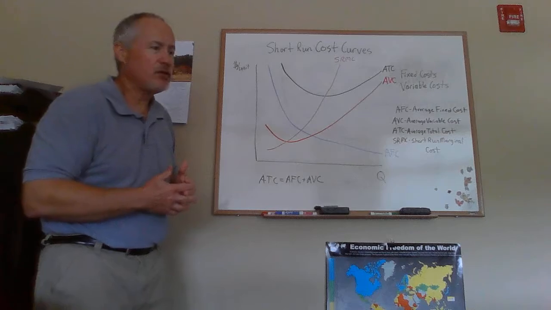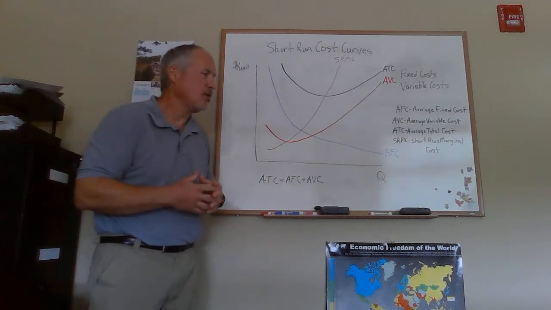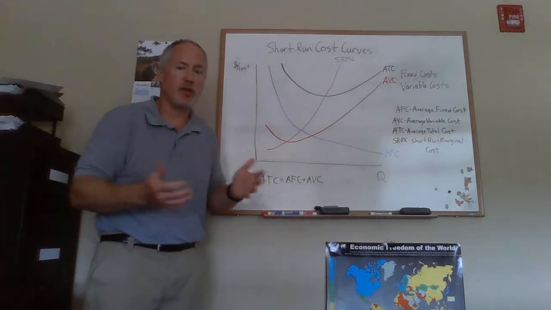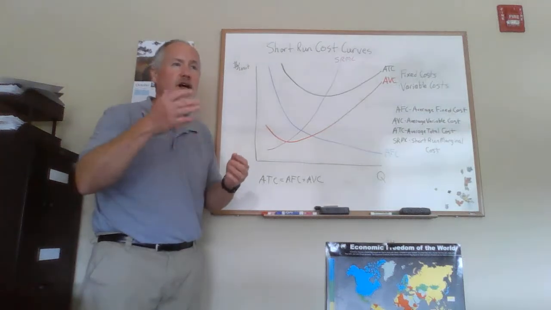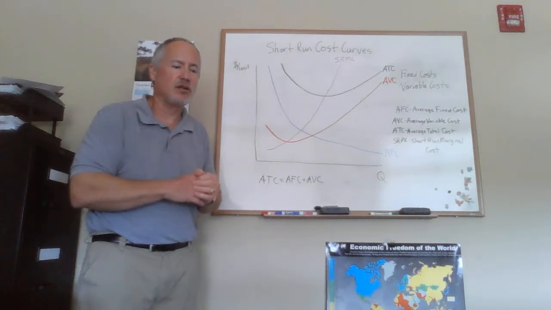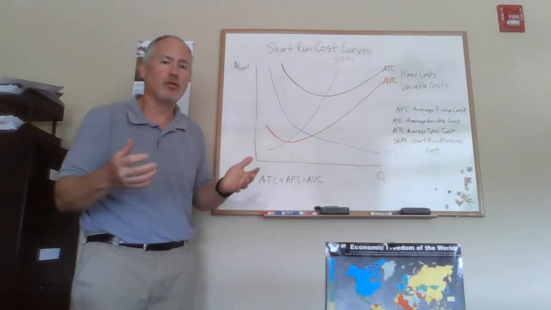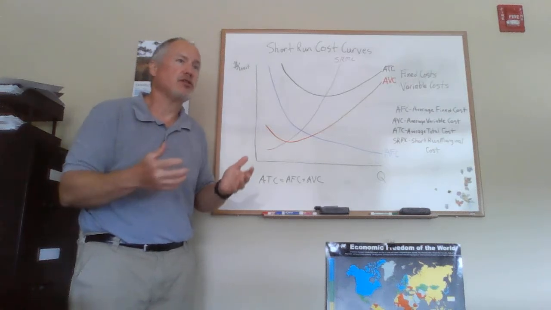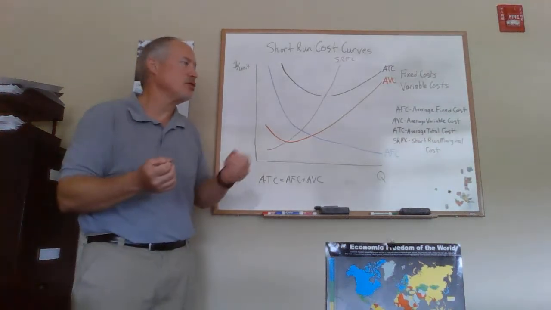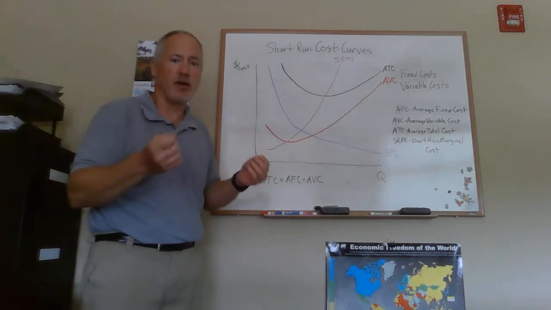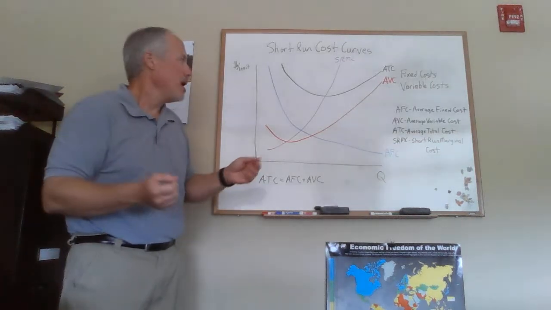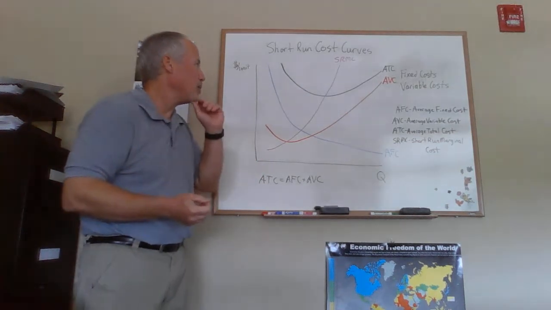The fourth and final curve we have here is the short-run marginal cost. Marginal cost is, as we've defined before, the change in cost that you have when you produce one more unit of output. In this case, you're only adjusting the variable input, so it would be the change in the variable input. And so we have that drawn upward sloping.